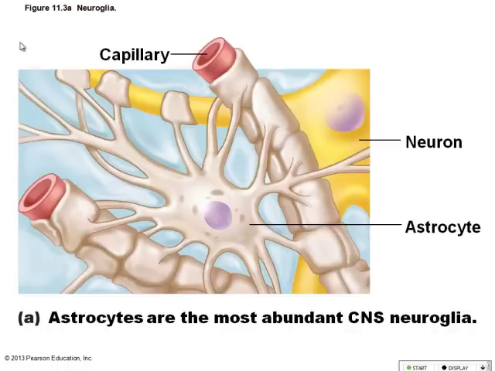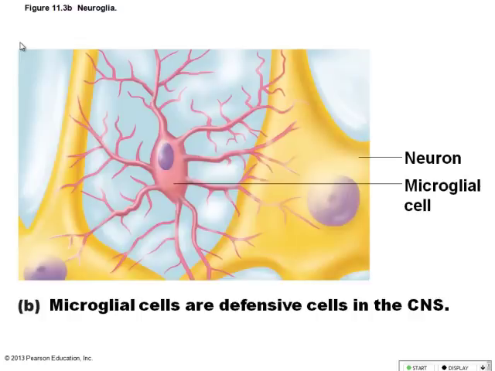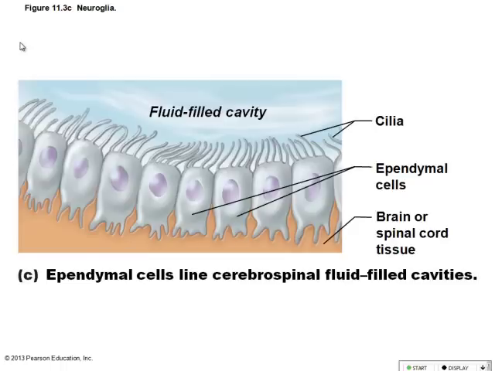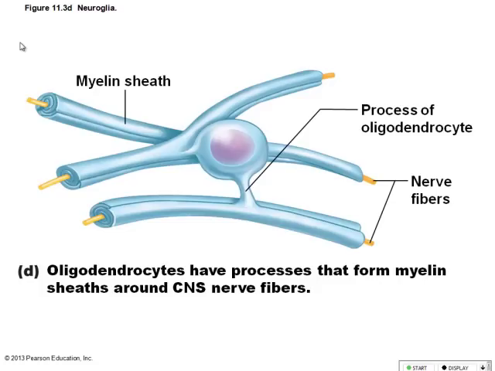Glial cells, what are they going to help do? What do glial cells do? This is a what kind of cell? Astrocyte. Then we have microglia. We also have some ependymal cells and oligodendrocytes. Where are they all found? Central nervous system.